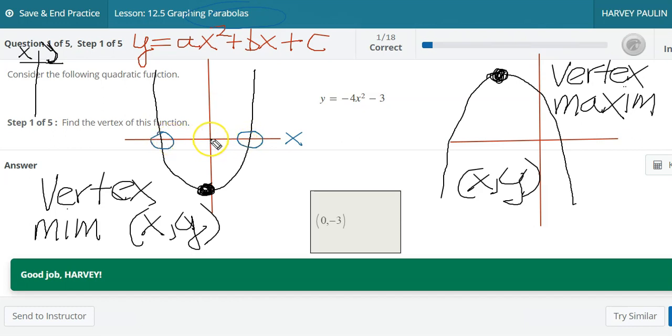Now, what is the value of y at this point? Well, y at this point is equal to 0. Y is 0 right there. So when we draw a parabola and it crosses the x-axis, again, y is equal to 0, these are the x-intercepts.